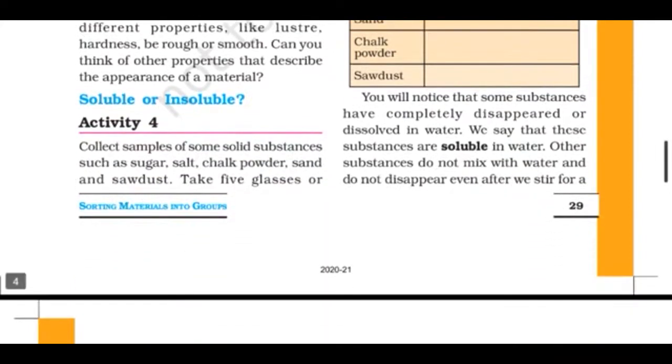And soluble or insoluble, whether a particular solute mixes in a solvent or not, we discussed in the previous class, that is separation of substances. What is a universal solvent? Which liquid is called a universal solvent? Water, right?